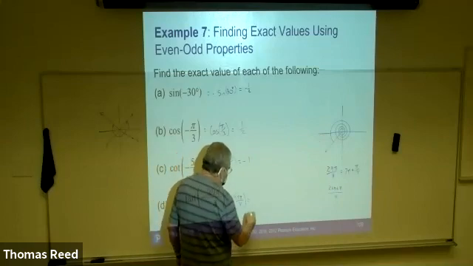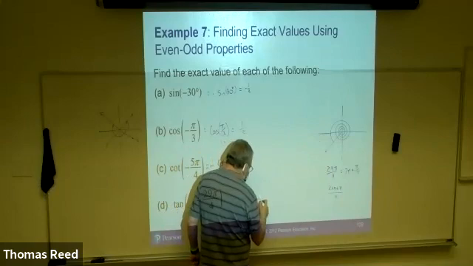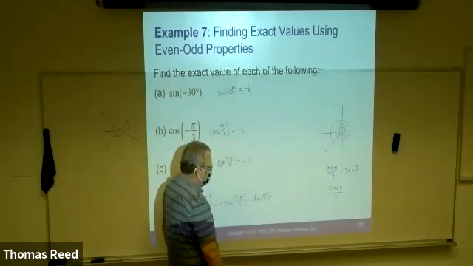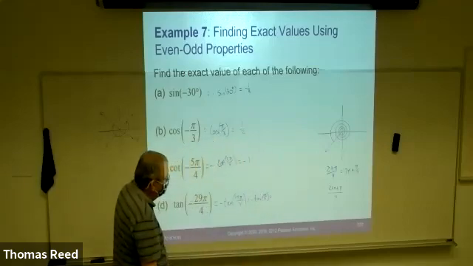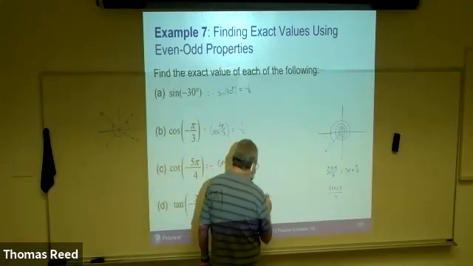So this is the same as the negative of the tangent of 5 pi over 4.